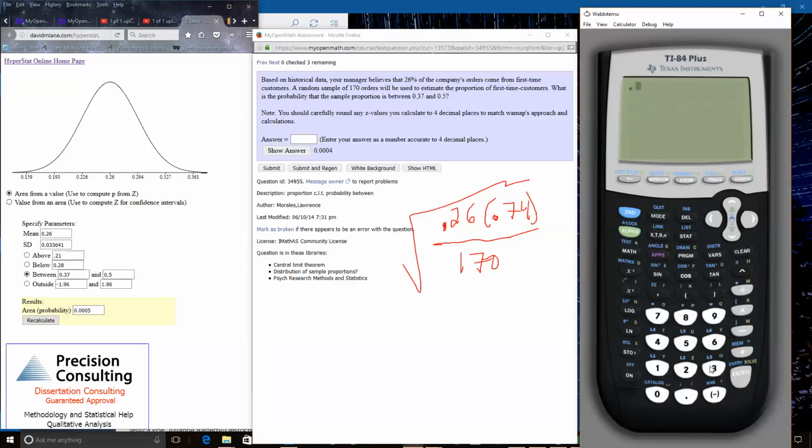Let me check. So 0.26 times 0.74 divided by 170. Then I'm going to take the square root of that. 0.03367. That might be the issue.